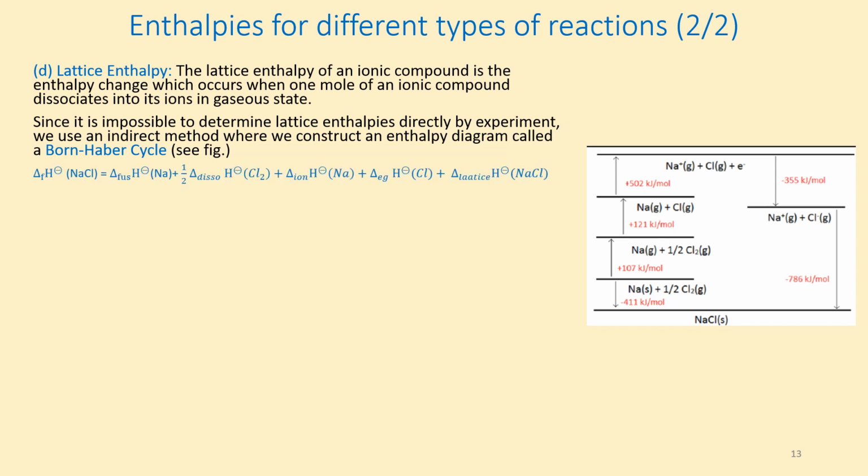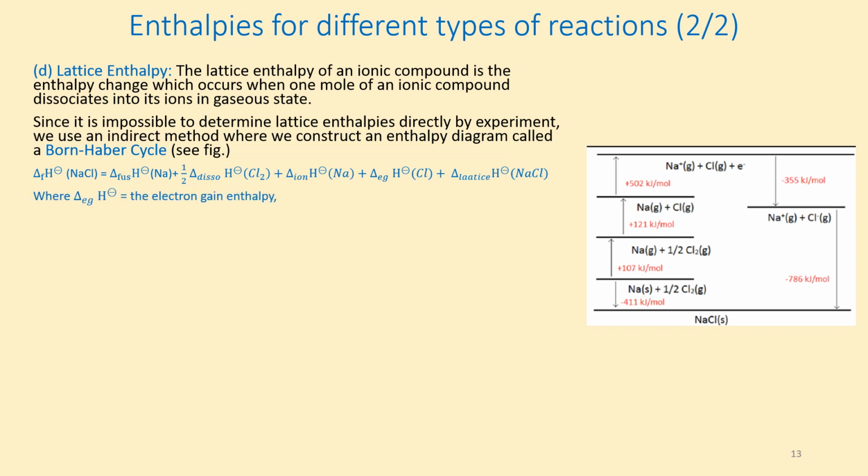The reaction is shown on your screen. The first one is Na solid to Na gas. This is sublimation of sodium metal, delta sub H naught, that is equal to 108.4 kilojoules per mole.